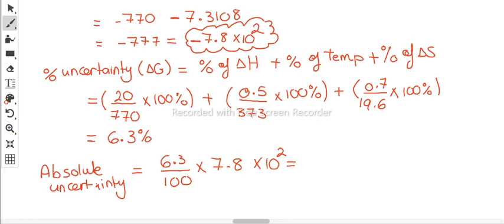So it will not affect if you didn't take it into consideration while doing your calculation for the percentage and the absolute uncertainty. Using the calculator, your final answer would be plus minus 49 kilojoule per mole as a final answer. And you are done.